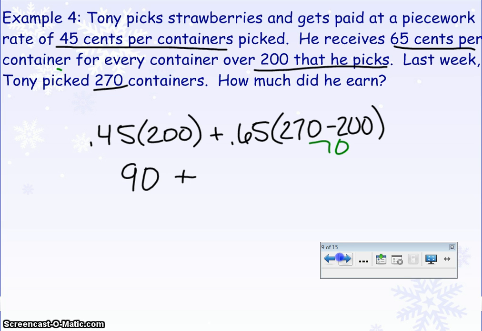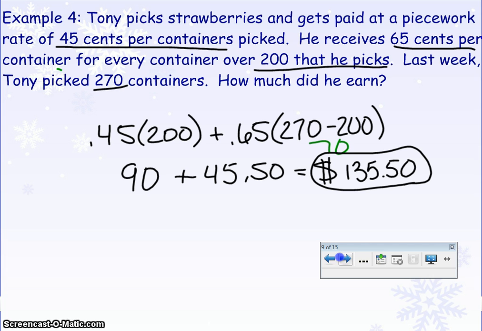When we multiply 0.65 times 70, we get $45.50. When we add those together, we find that Tony earned a total of $135.50.